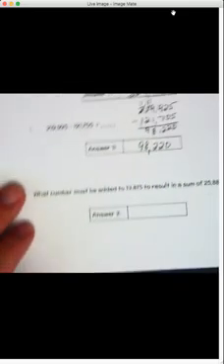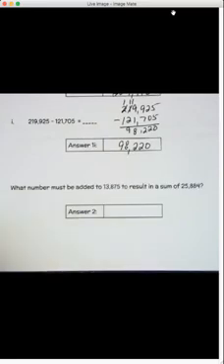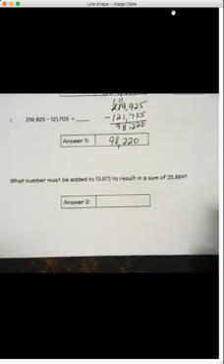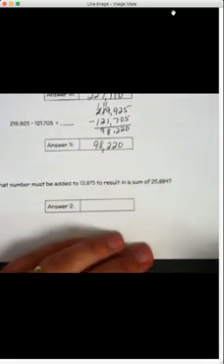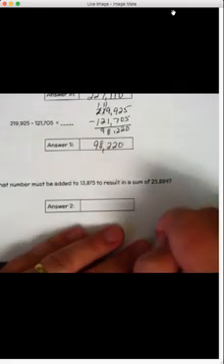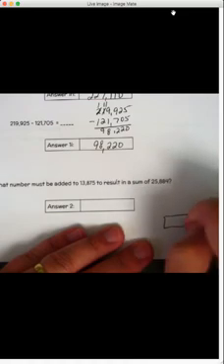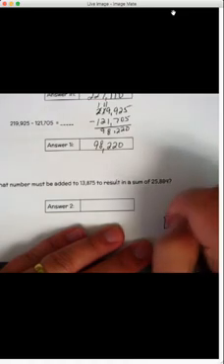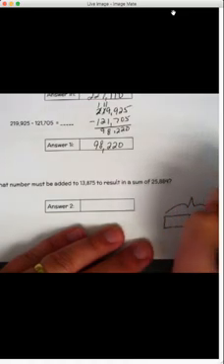Okay. Now we're to the word problem parts of it. Let's apply this. The question asks us, what number must be added to 13,875 to result in a sum of 25,884? Well, this is a great problem to use a tape chart. So let's take a look at our parts here. Let's draw our two boxes and our total symbol.